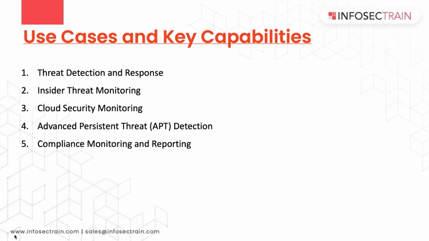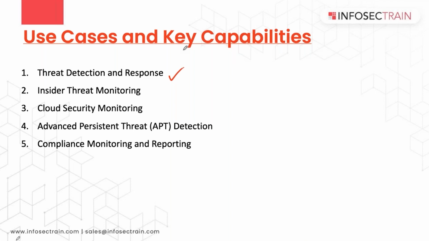Now, obviously, why you want to use it, and in which cases it could be used. There is going to be threat detection and response. Sentinel, as we discussed till now, helps organizations detect and respond to security threats in real time by aggregating and analyzing security-related data from various sources. It enables the identification of potential security incidents such as malware infection, unauthorized access attempts, and data breaches.